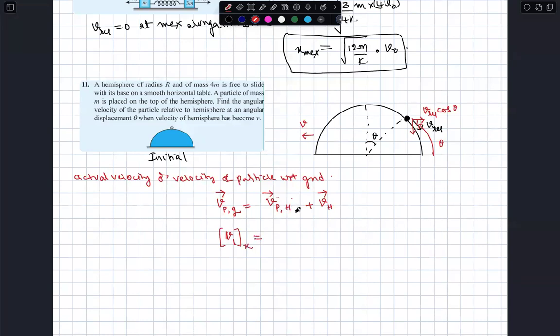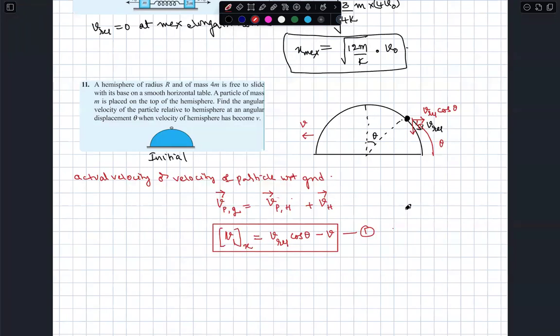The velocity of the particle with respect to hemisphere, horizontal component, is V relative cos theta minus V. Equation 1. That is the first part. One should take this into account.